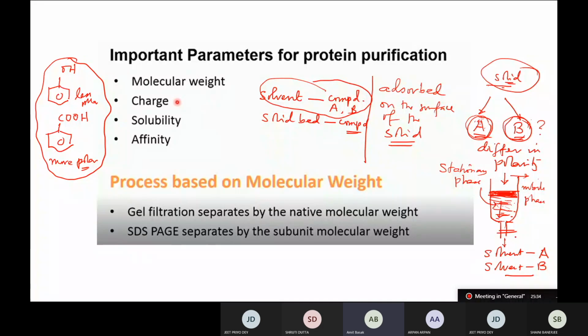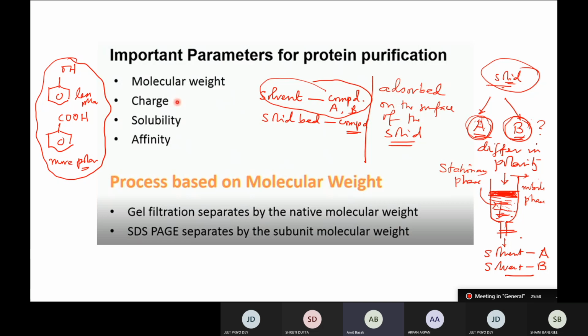So the phenol will move faster than the carboxylic acid. Basically, you are exploiting the polar character of A and B, and that will allow you to separate the two molecules.